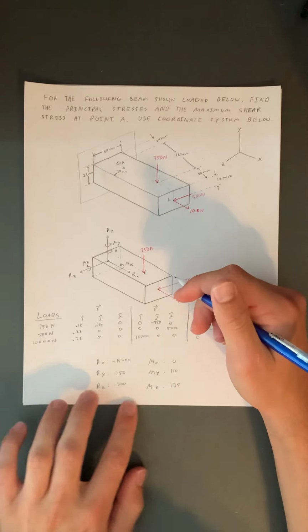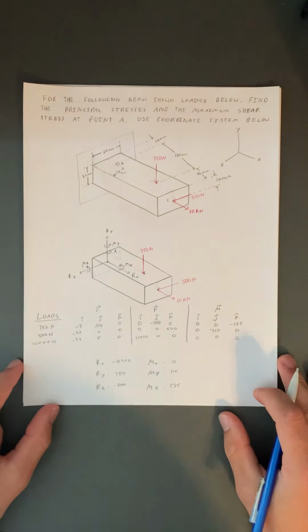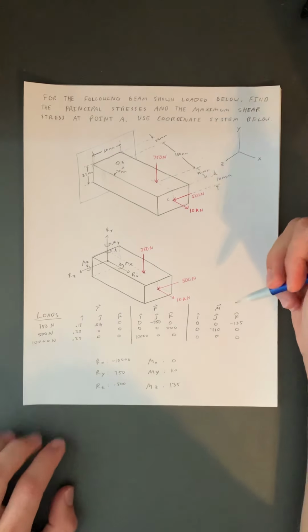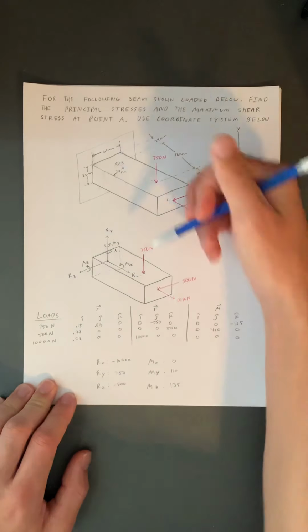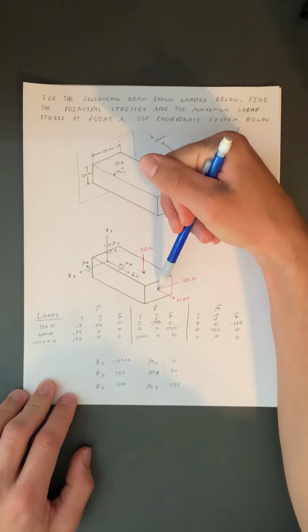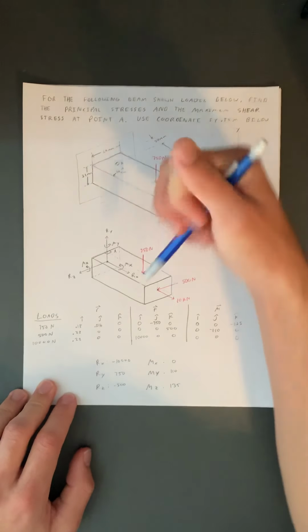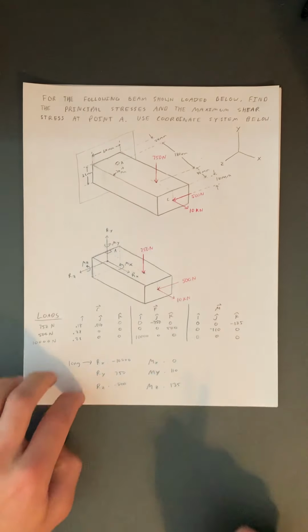Okay, so now we have to identify our longitudinal axis. I've said that before, but the longitudinal axis in this case is the x-axis. It is the axis that goes through the center of each face. So we're going to label this the longitudinal.